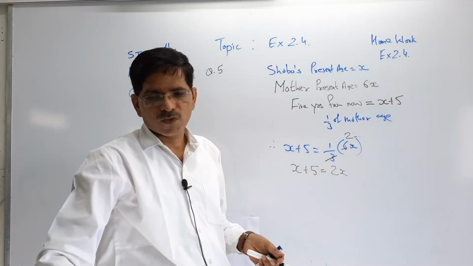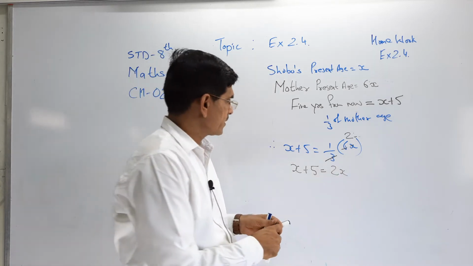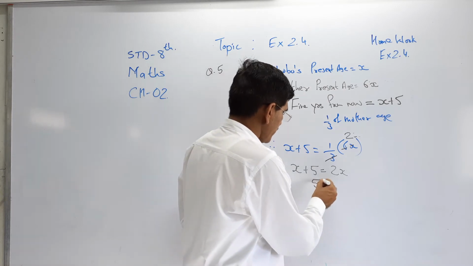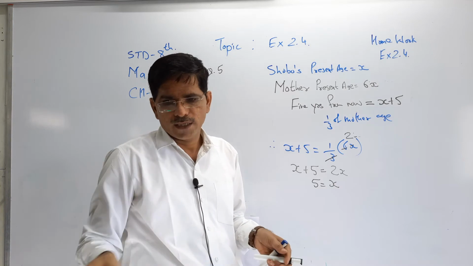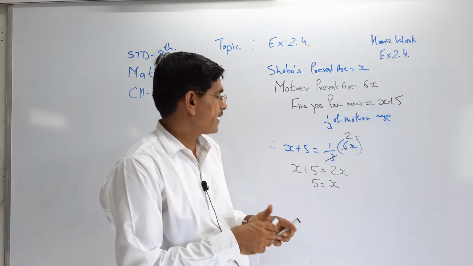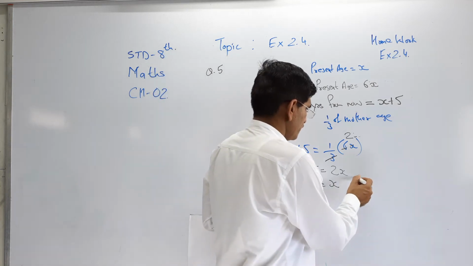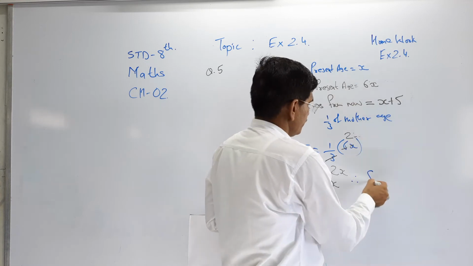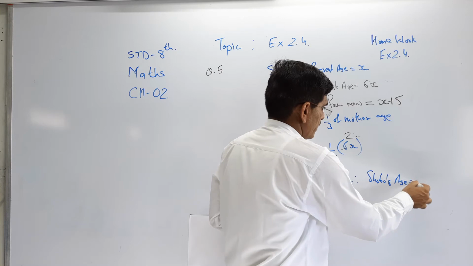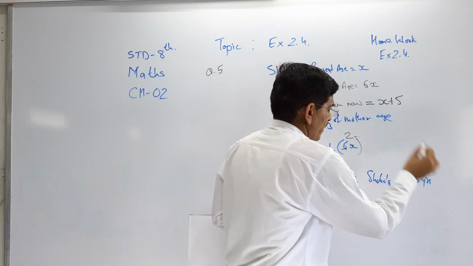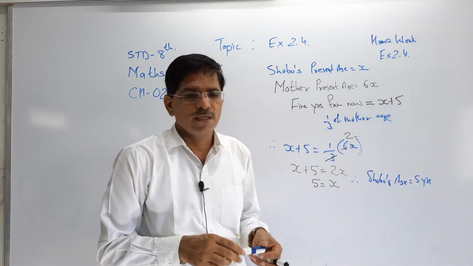So x plus 5 is equal to 2x. Therefore 5 is equal to x. If I shift 2x, it will be converted into x. Therefore Shobha's age is 5 years.